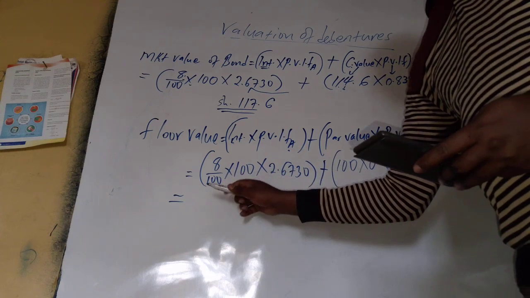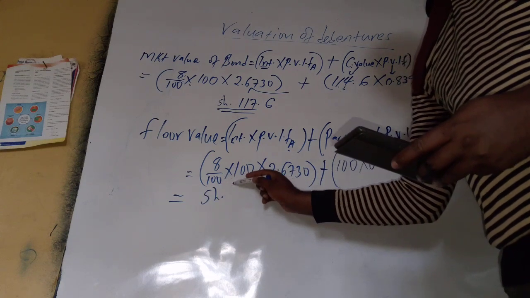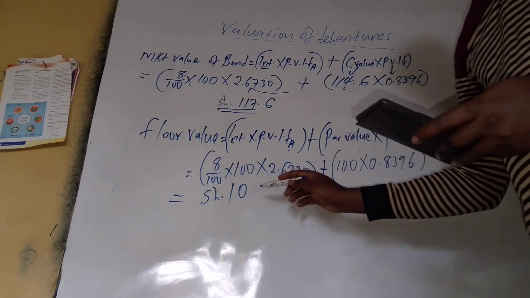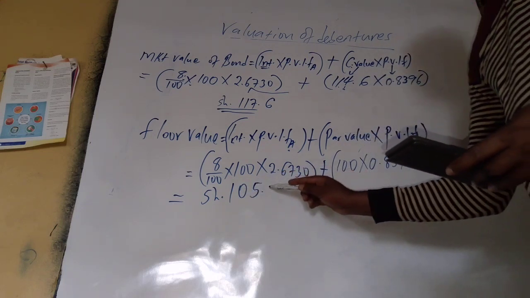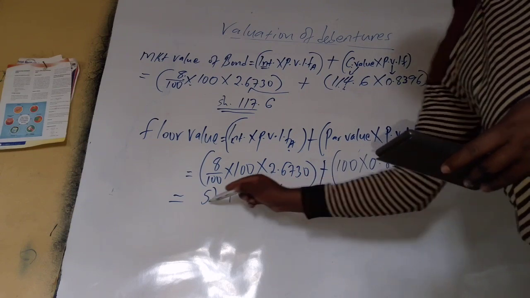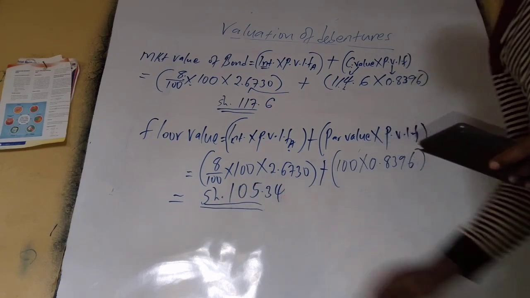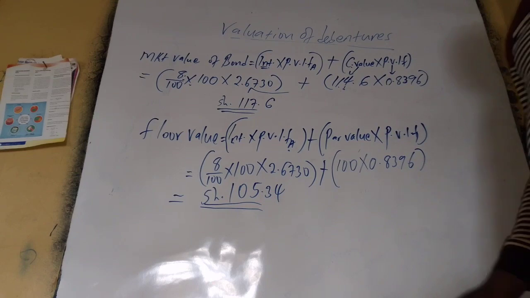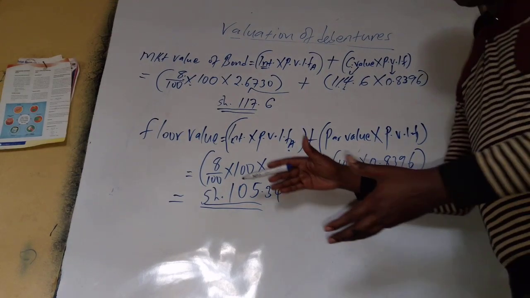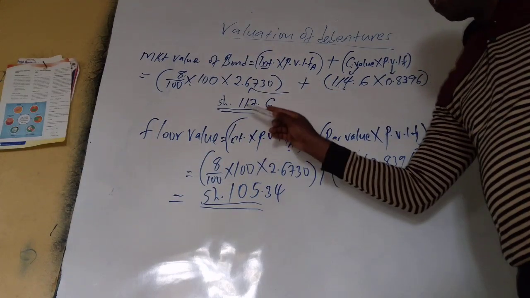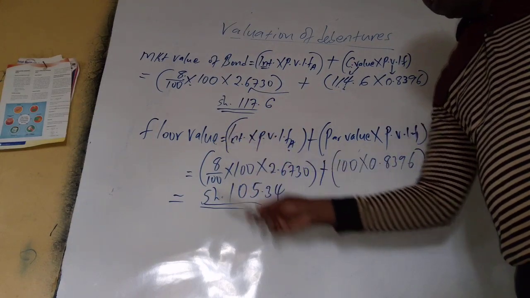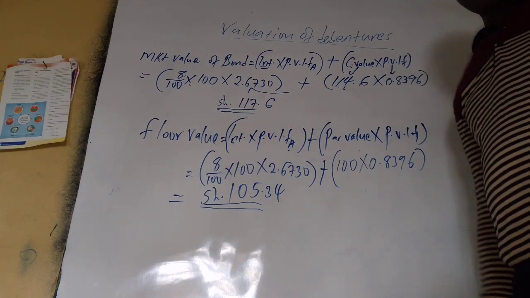I'm getting shillings 105.34. That is the floor value. And as the word suggests, the floor value should be lower than the market value. You can see market value is 117, floor value is 105.